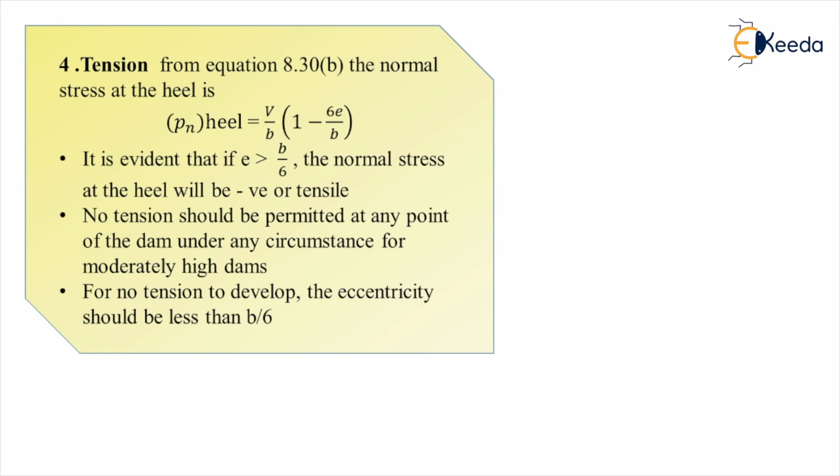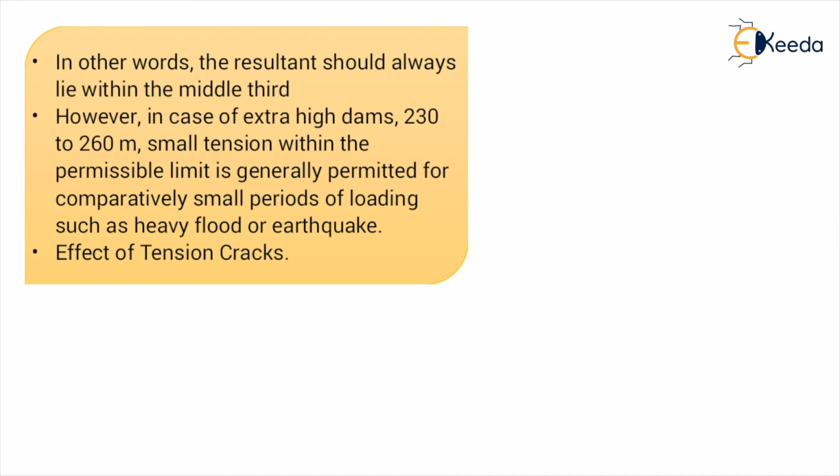For no tension to develop, the eccentricity should be less than B by 6. When we say that the dam is safe against tension, we have to keep the eccentricity less than B by 6, which means the resultant should always lie within the middle third of the gravity dam.